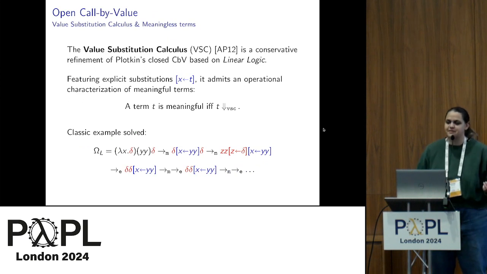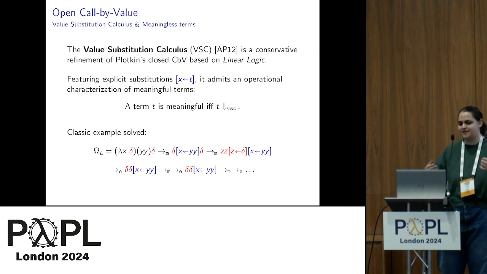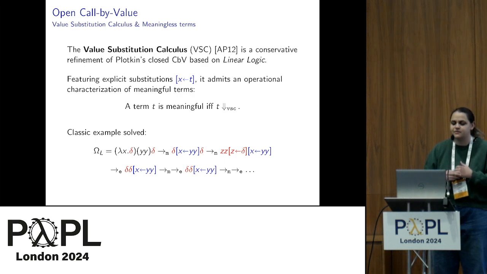We solve it by moving to the open call by value setting. We use the value substitution calculus introduced by Accattoli and Paolini, a conservative refinement of Plotkin's closed call by value. It behaves the same way on closed terms, but does more on open terms.